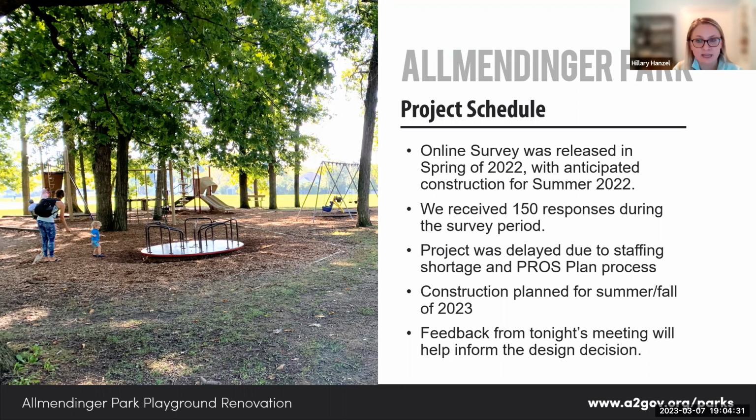And we did end up having to delay it. We had some staffing challenges at the moment. And then we were also working on our Park and Recreation Open Space Master Plan, or PROS plan. So all those things meant we weren't able to quite get through this playground process in time in order to order equipment and have construction that year.